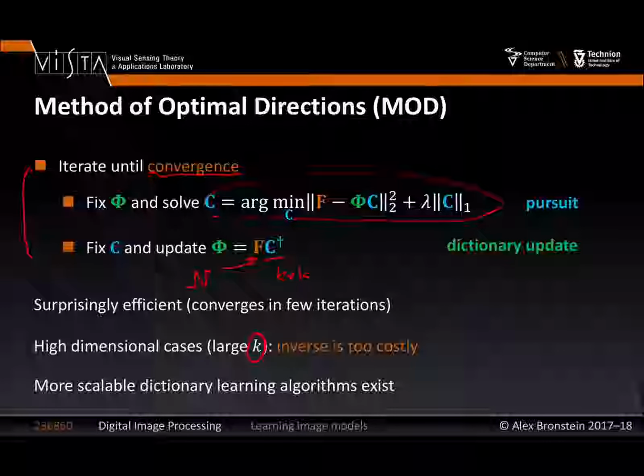So there are also stochastic mini batch extensions for this algorithm that scale better in n. Okay. Again, there is a whole world of dictionary learning that we can talk about, but I would like to show you a different way of thinking of learning that actually leads to state-of-the-art results. Okay.